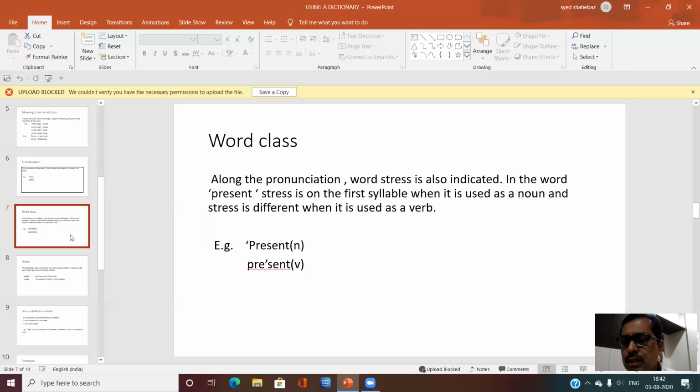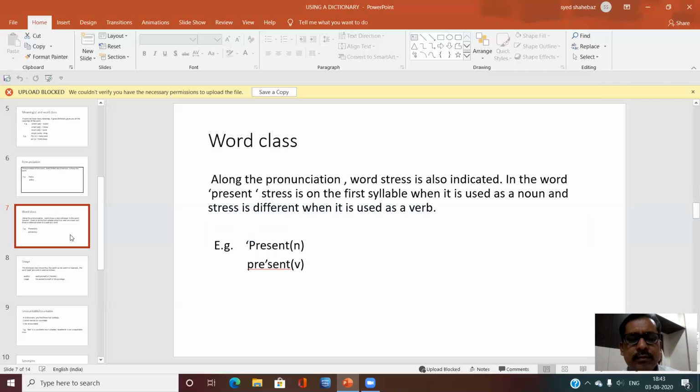If it is used in the noun form, the stress is on P. If it is used in the verb form, the stress is on S. For example, see the first word present, present. Second word present, present. The stress is on the S letter. So in this way, the word class is also given with the stress.